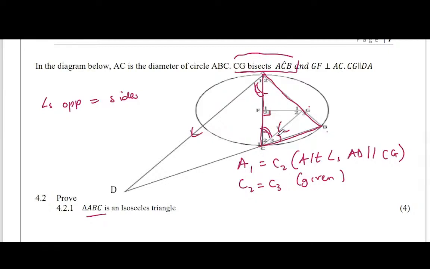Okay, A1 is the same as C3. Then now we're saying C3 is going to be the same as D. Okay, we're saying C3 is going to be the same as D.